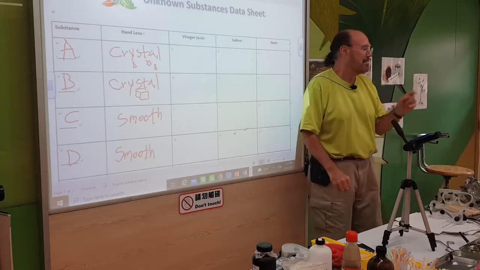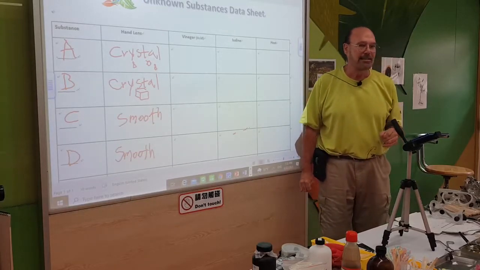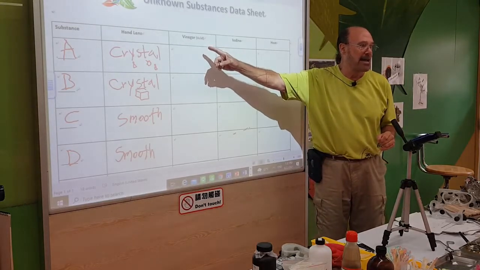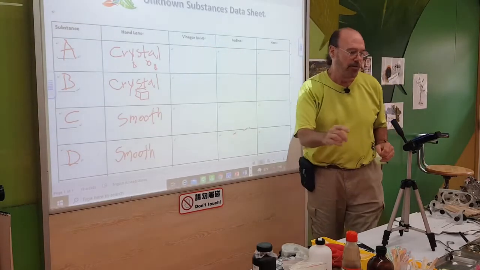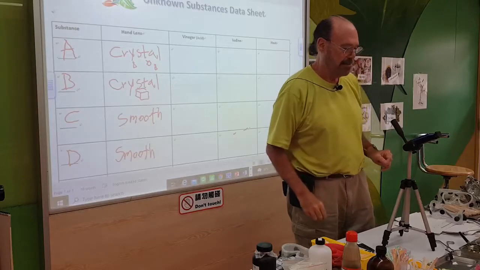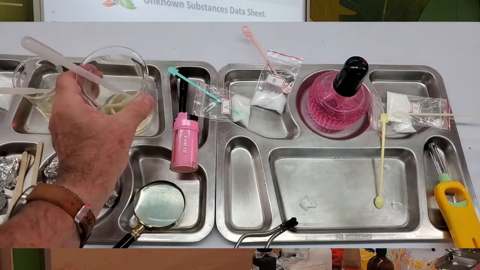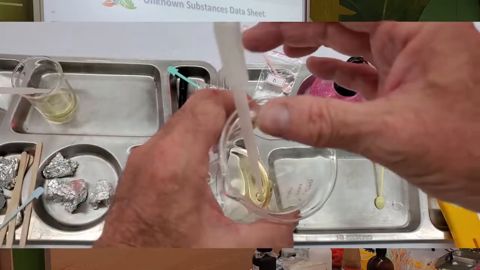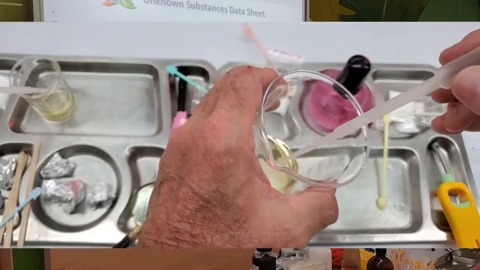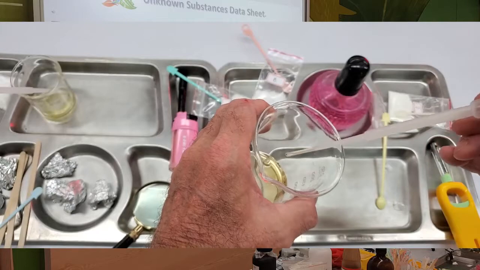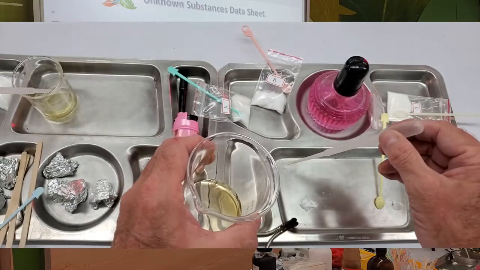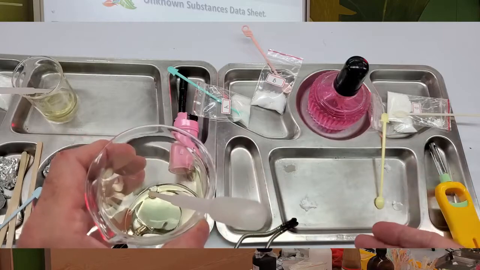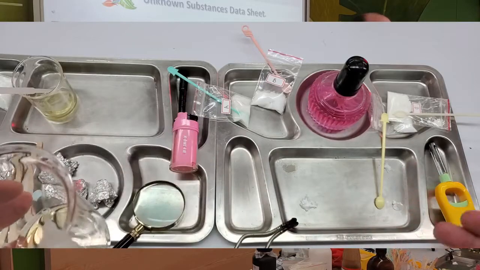Okay, next test. We're going to do the vinegar or acid test. For the vinegar and acid test, we're going to take the bigger beaker, the 250 milliliter beaker, and put a few drops on A and watch carefully what happens. One, it turned a little darker, maybe yellow.